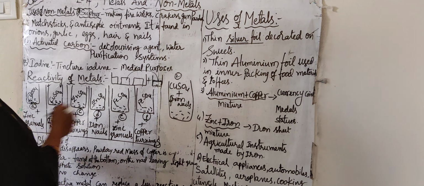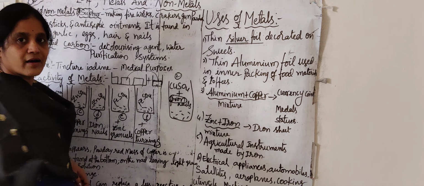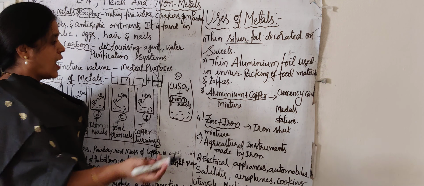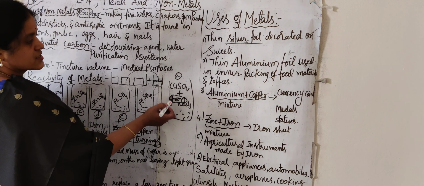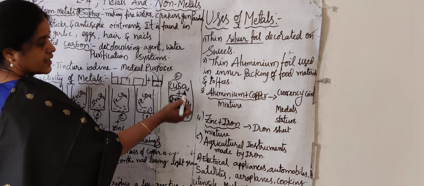So this is because these iron nails are also stronger, very reactive, and these reactive metals displace copper metal from the copper sulfate.